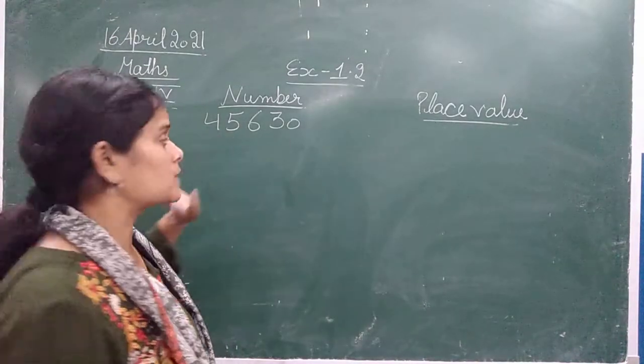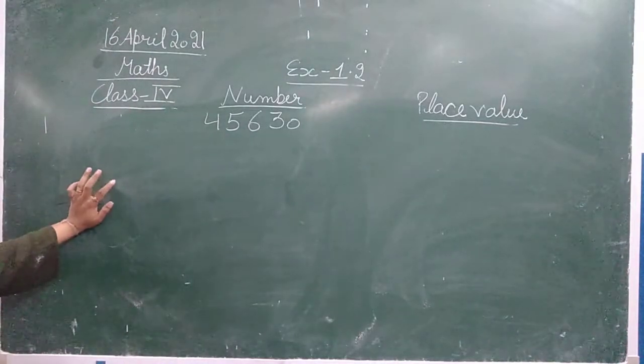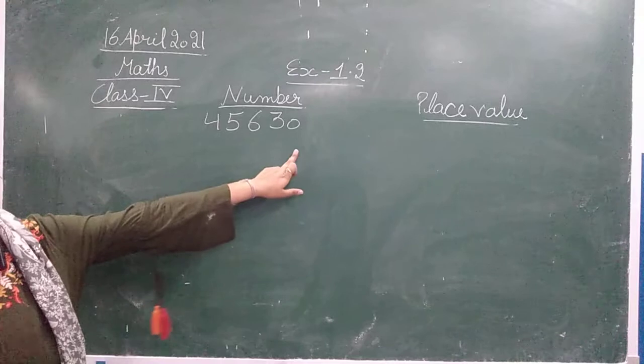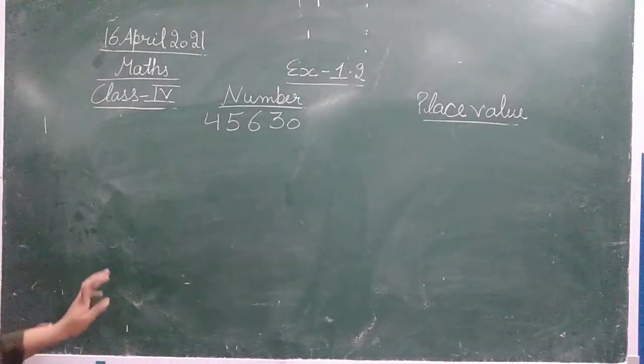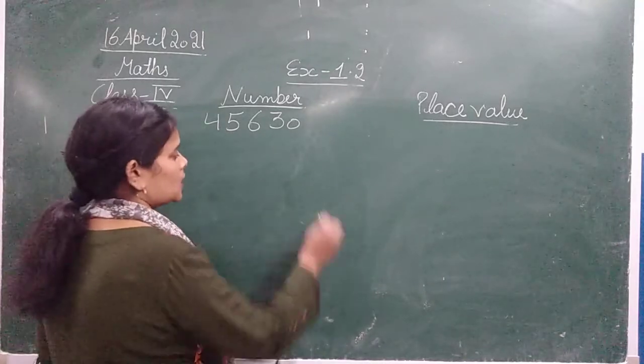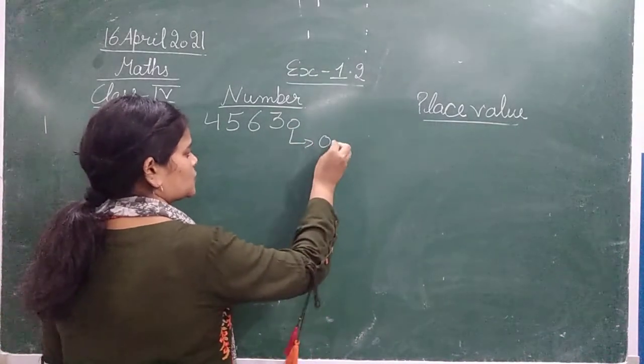तो देखिए, we will start with the place value, and we always start, चाहे वो addition हो, subtraction हो, from the right hand side. Okay, so in this as well, we will start from the right hand side. So 0, it has what place? 0 is at the ones place.